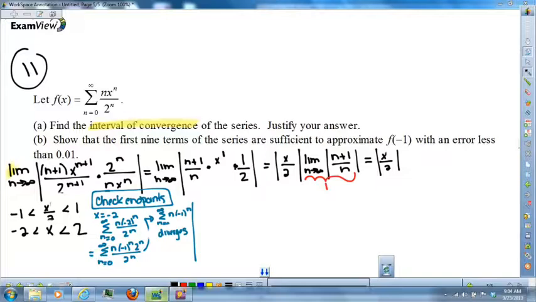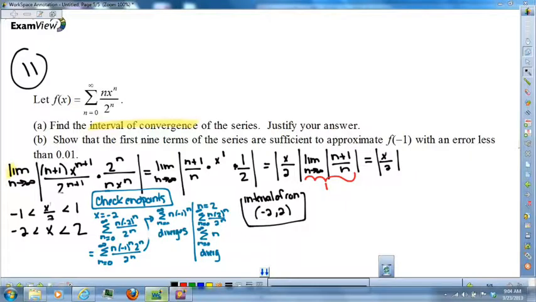This is an alternating series, but it is going to diverge because the nth term is not equal to 0. When x is equal to 2, we end up with the same thing with just n, so it's going to diverge. So my interval of convergence is going to be from negative 2 to 2, and negative 2 and 2 are not included.